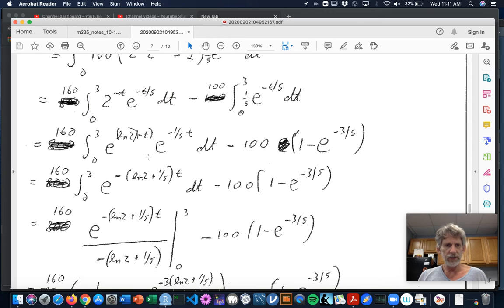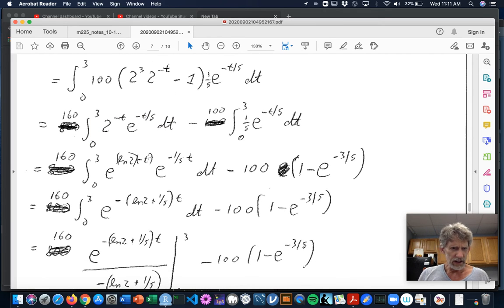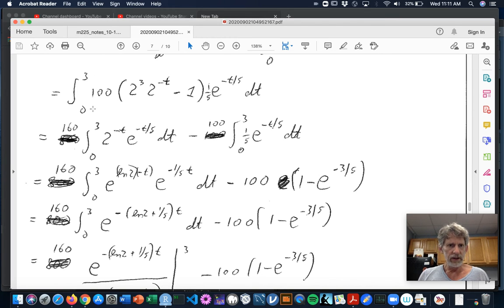So thinking about the tough piece for a minute, to get that tough piece, you are doing the 100 times the 2 cubed times 2 to the minus t times this 1/5 stuff.